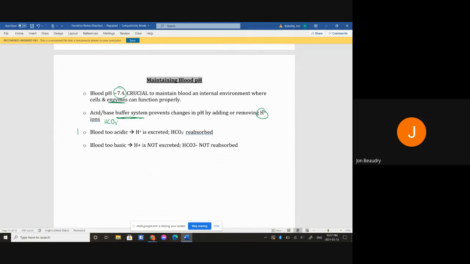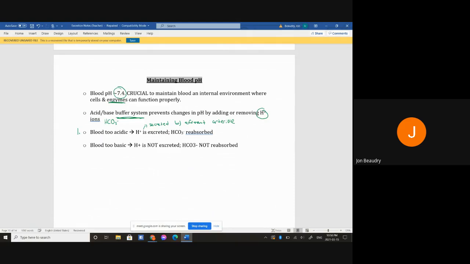So situation number 1, if my blood is too acidic, then hydrogen ions are going to be excreted, which means that these will be secreted by my efferent arteriole back into my nephron, where it can join the urine. Hydrogen ions can join the urine, and I can void it, excrete it.